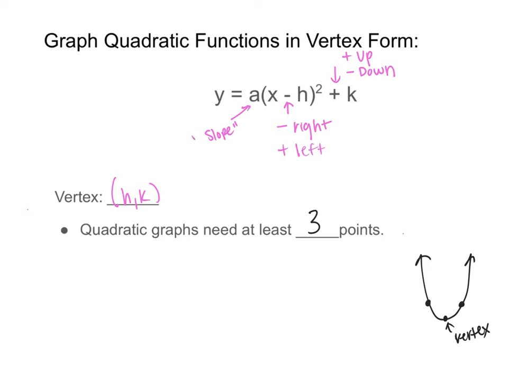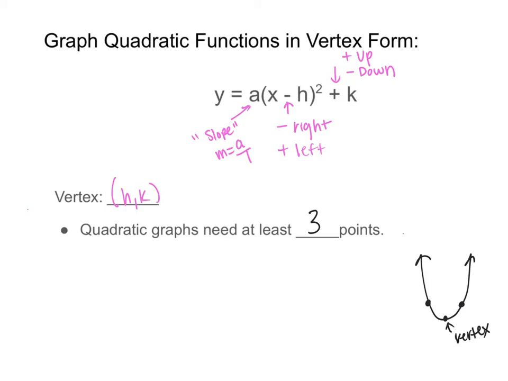You can only use it to help you find an extra point, and you want to only use it one time. After that, it's really inaccurate to use that as your slope because this is a quadratic equation, so it doesn't work like a linear equation. So you take your number, in this case a, and you always make the slope over 1.